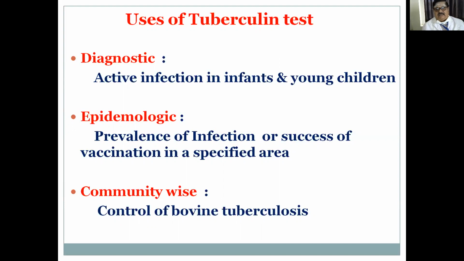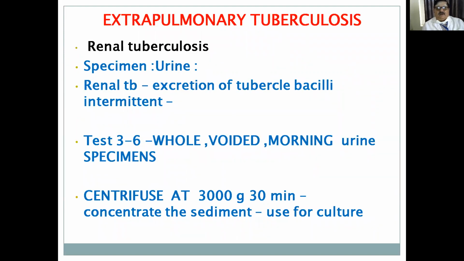So you can either say the prevalence of infection or whether the BCG is successful or not in a given area. Community-wise, what is the use? Control of bovine tuberculosis.